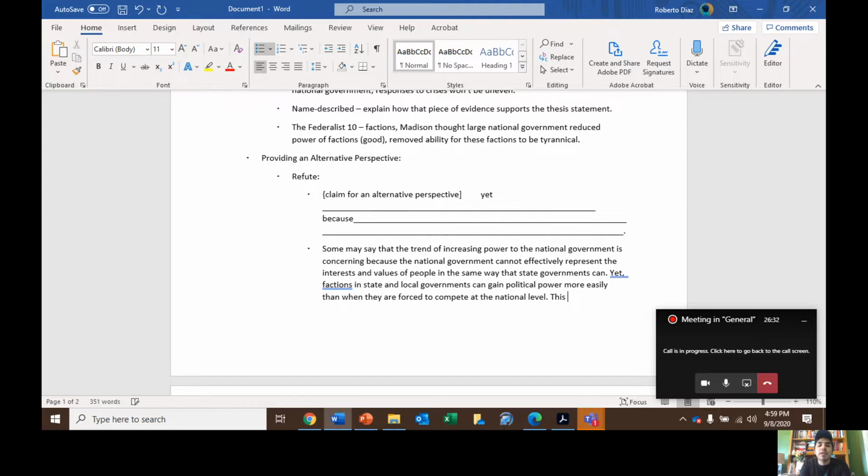And then give me some explanation on why this is so. Yet, factions in state and local governments can gain political power more easily than when they are forced to compete at the national level.